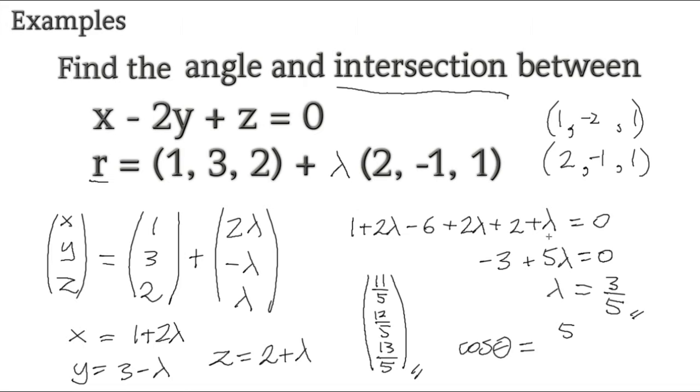So we've got 5 on top of the product of the two moduli. The first one is the modulus of (1, -2, 1), which is the square root of 1 squared plus minus 2 squared plus 1 squared, so root 6, multiplied by the bottom, which is also root 6, and that results in 5 on 6 equals cos theta.